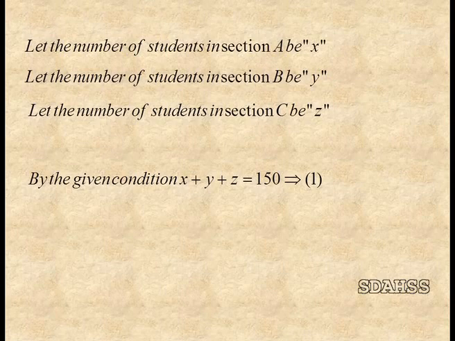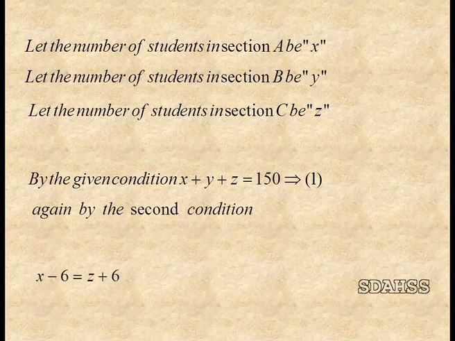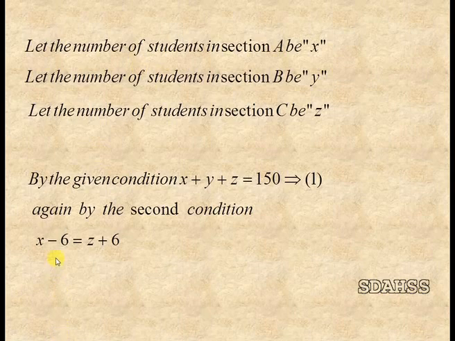if 6 students are shifted from section A to C. Section A means x, section C means z.